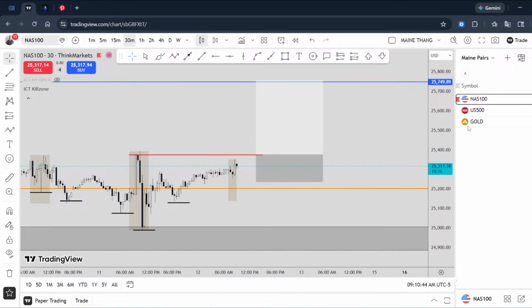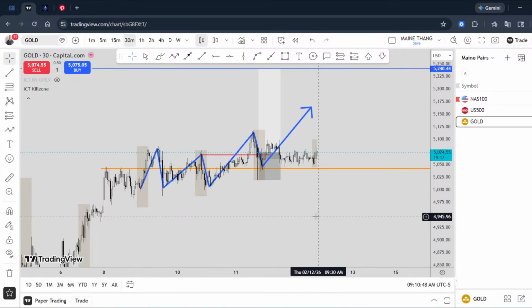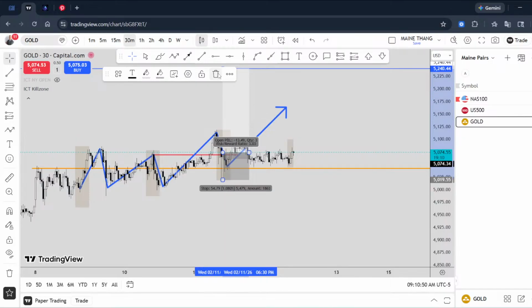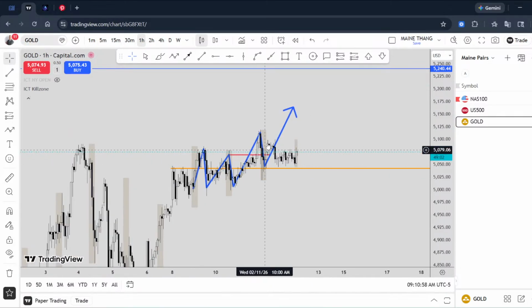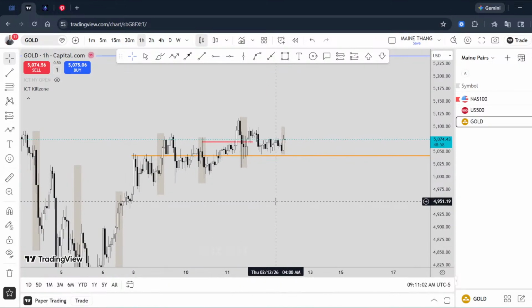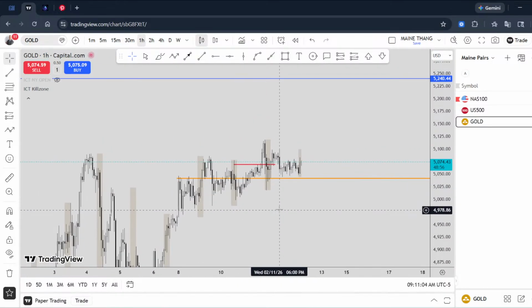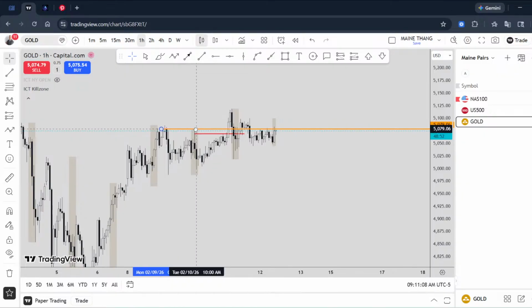I'm waiting. We can take a quick peek at gold. See, I was marking up gold. Same thing with gold yesterday. Not the same instance. Hold on, let me see. So gold, and then new indication.